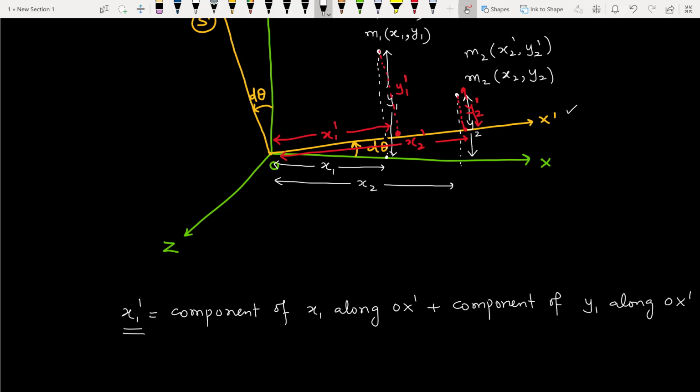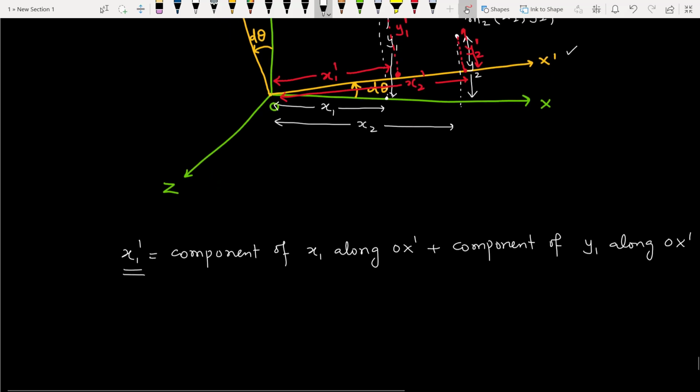So it can be obtained by taking the components of x1 and y1 along OX dash. So x1 makes an angle d theta with OX dash. So it is x1 cos d theta.